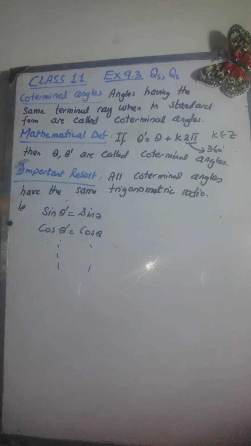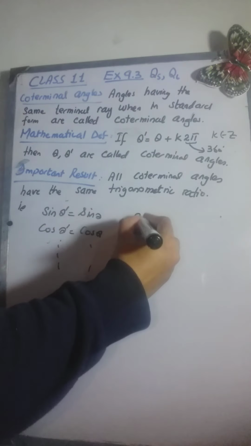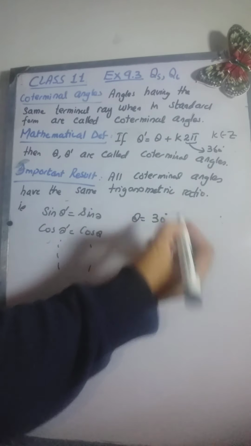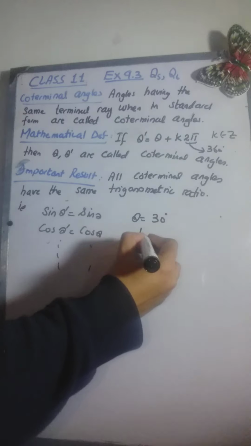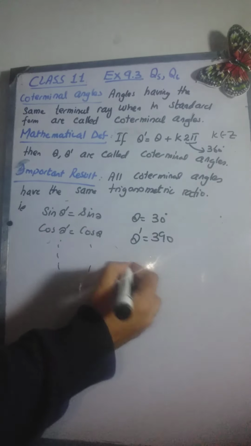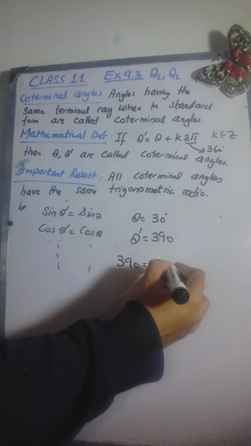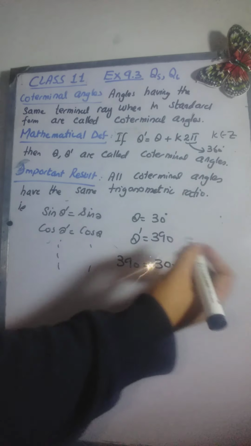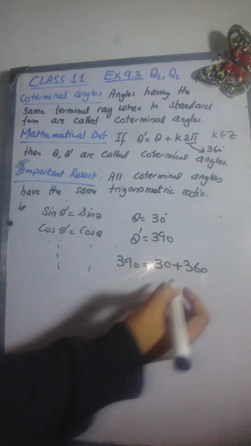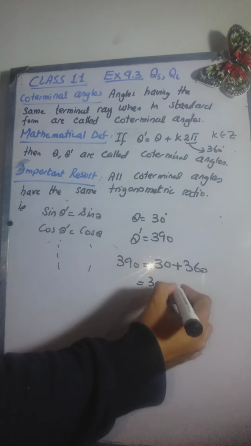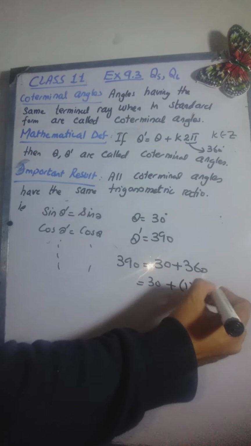For example, suppose theta is equal to 30 degrees, and theta dash is equal to 390, then theta dash, which is 390, can be written as 30 plus 360, or it can be written as 30 plus 1 times 360.